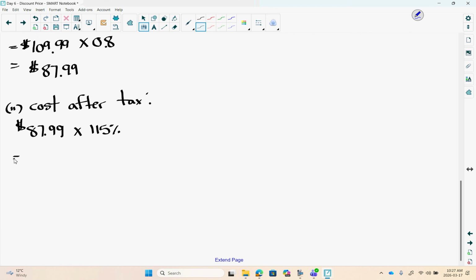So if you do 87.99 times 1.15, that gives me $101.19. You cool with that? That's option 1. So that's the cost of the terabyte for option 1.